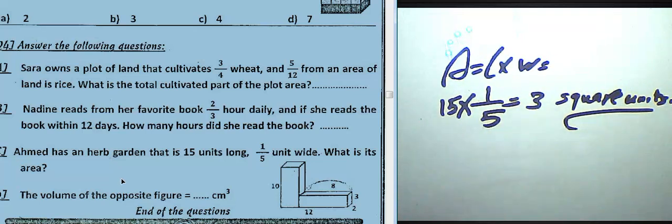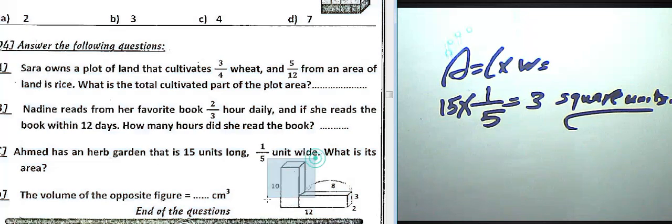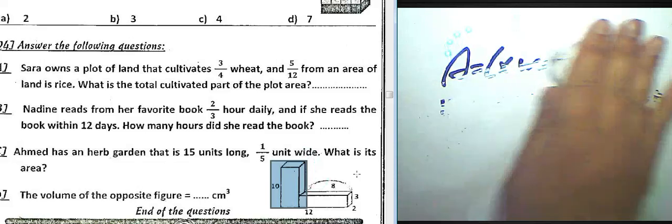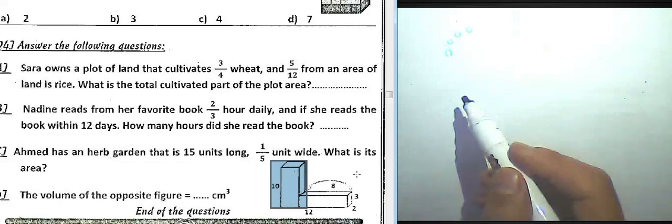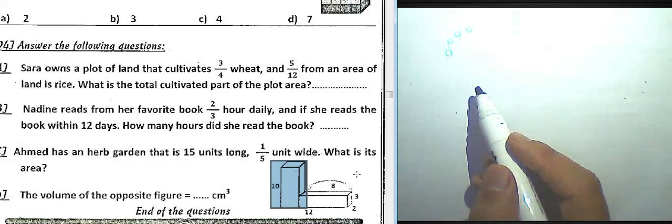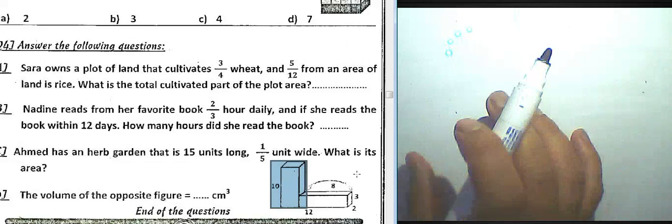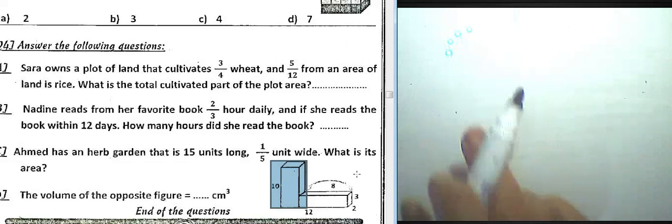The volume of the opposite figure equals how many cubic centimeters? Here we can find the volume of this part first. Here we have a cuboid, 2 cuboids. Okay, look at this cuboid.